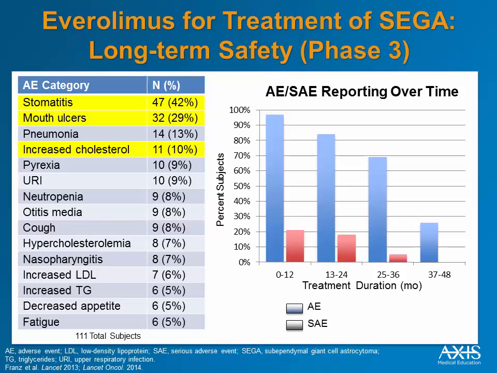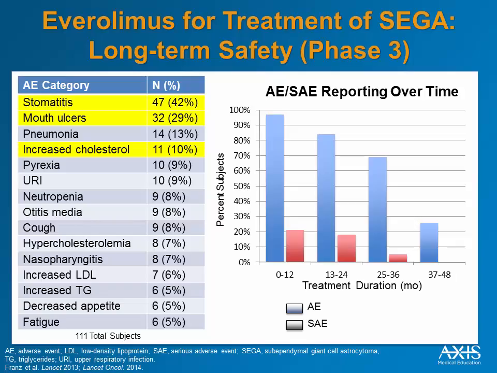This largely probably has to do with how the everolimus is metabolized and how it interacts with HMG-CoA reductase, which is important in cholesterol manufacture and production within the body.